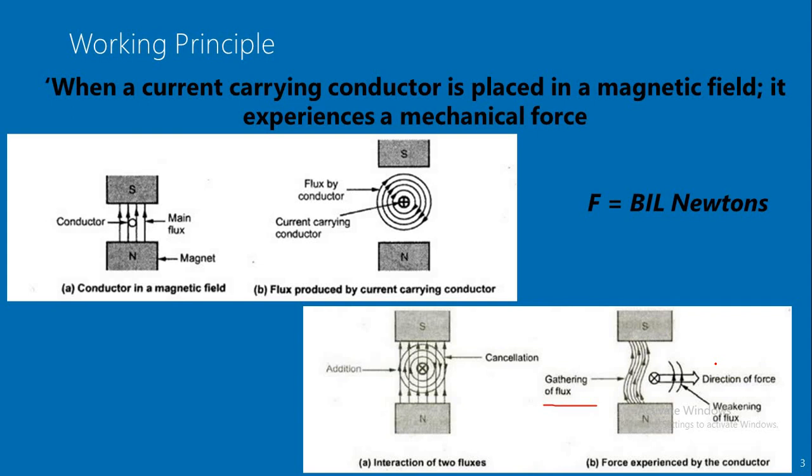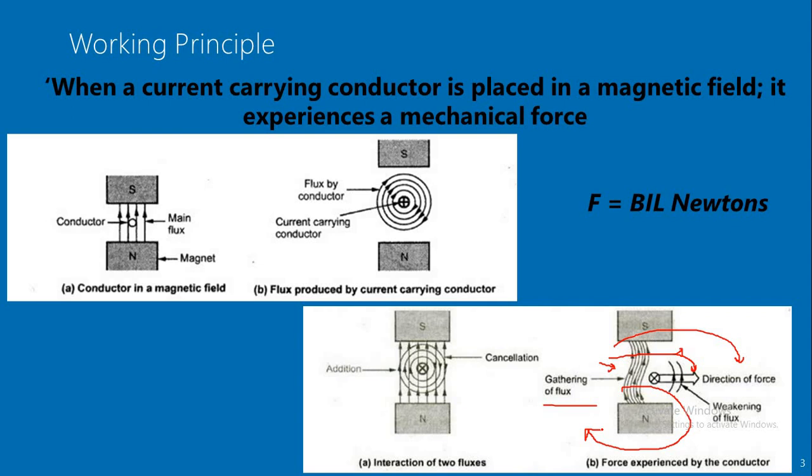So here, the gathering of the flux means the magnetic flux density is high. On your right side, the magnetic flux density is low. So the force, or the torque, which is produced tries to push the armature conductors from the high magnetic flux density area to the low magnetic flux density area.